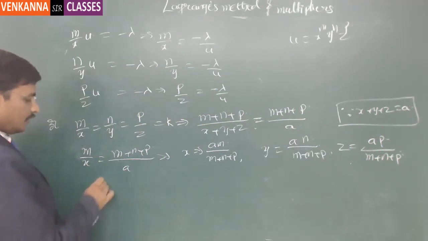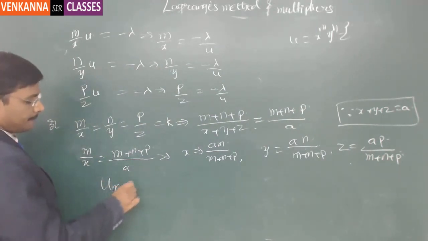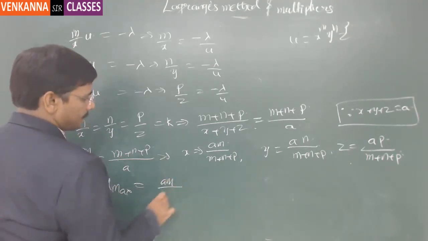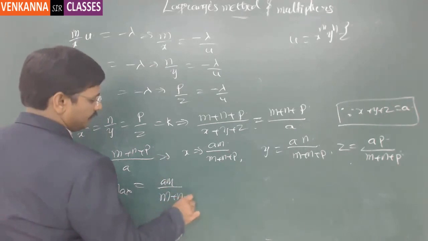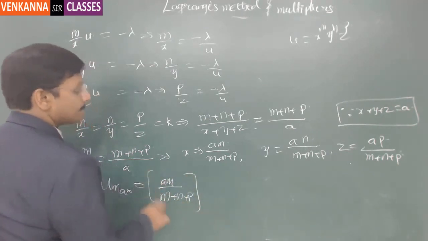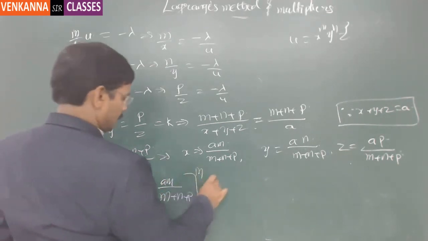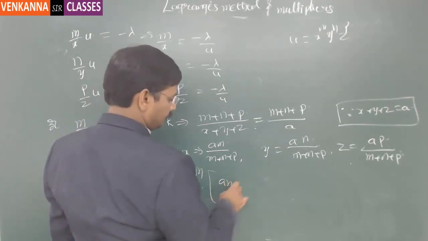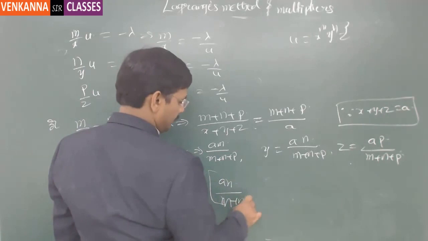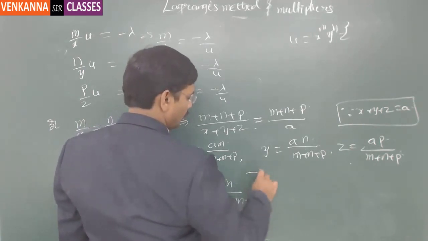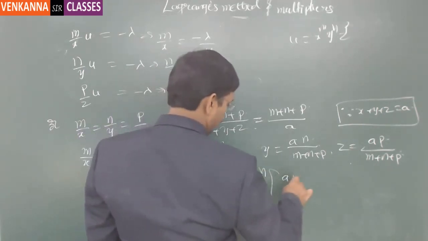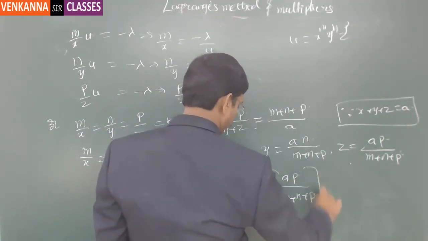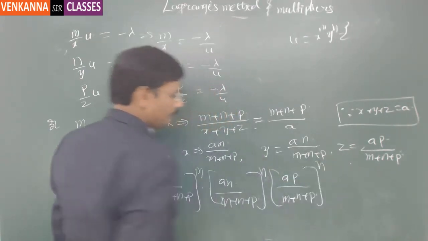If you want to find the maximum value, u max will be, substituting the x value, (am/(m+n+p))^m into (an/(m+n+p))^n into (ap/(m+n+p))^p. Got it?